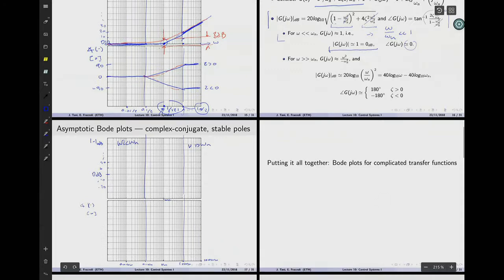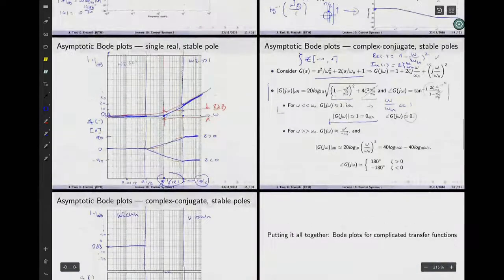So what we said is that the magnitudes at low frequencies with respect to the natural frequencies have 0 dBs. And the phases have, let's say, zeta is positive, 0 as well. These are degrees. Now, what happens for the high frequencies?